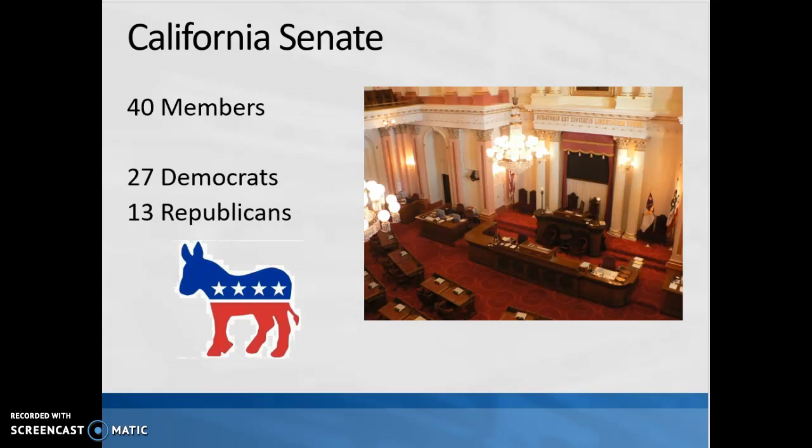In the California Senate, there are 40 members, 27 Democrats and 13 Republicans. So again, very small number. Both the Assembly and the Senate are based on population. So there are 2 Assembly seats for every 1 Senate seat. And that's how that divide works.